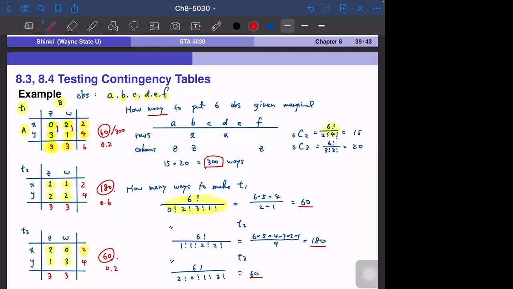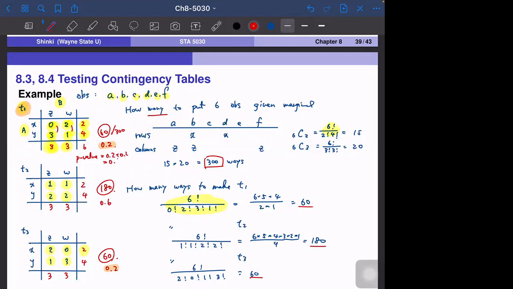So the p-value for table 1 is equal to the summation of the probability of this and the smaller ones. So that means this is 0.2. And the last one is as extreme as the first one. So the p-value is 0.2 plus 0.2.